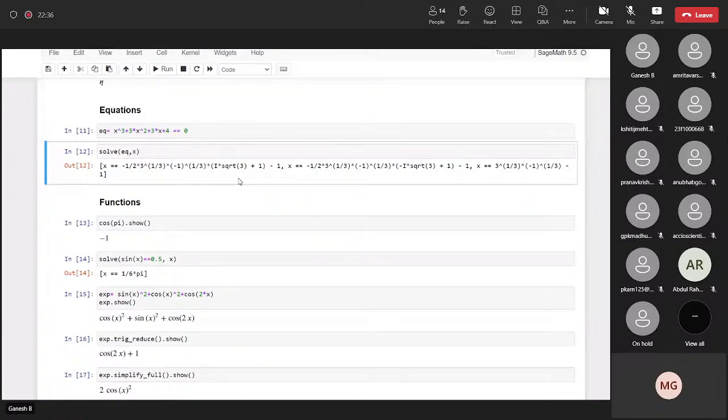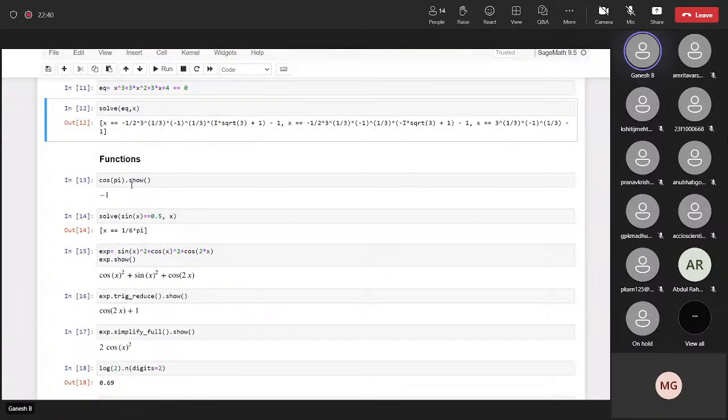There are also some inbuilt functions like trigonometric and logarithmic ones. They are already recognized; they're pre-built functions. So cos is your regular cos, and the input is in radians, so cos of pi would be -1, and the output is rendered in LaTeX, so -1.